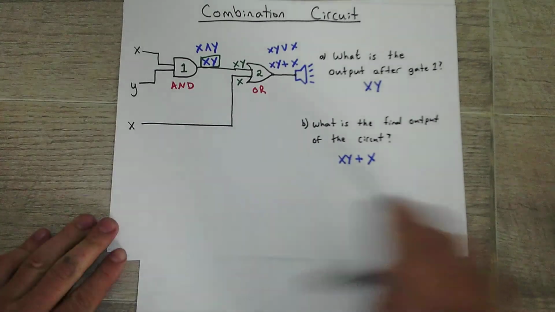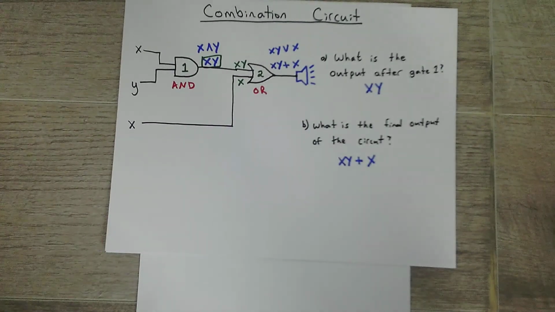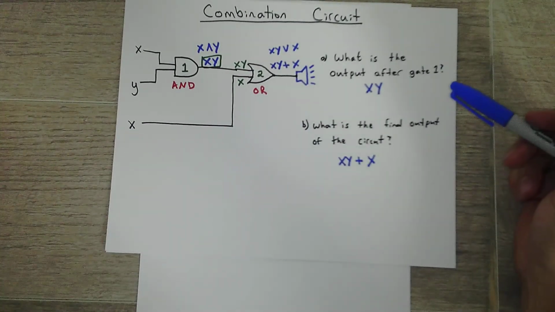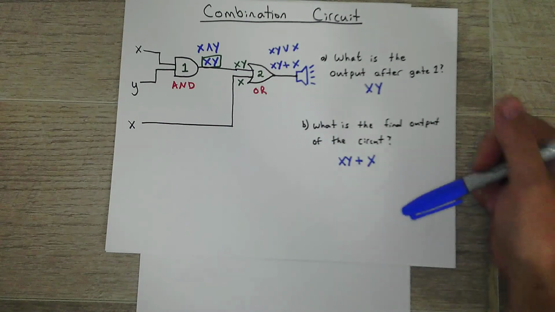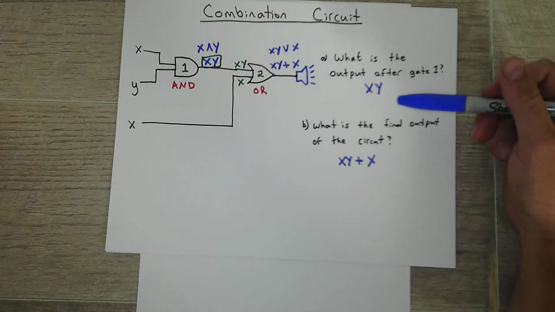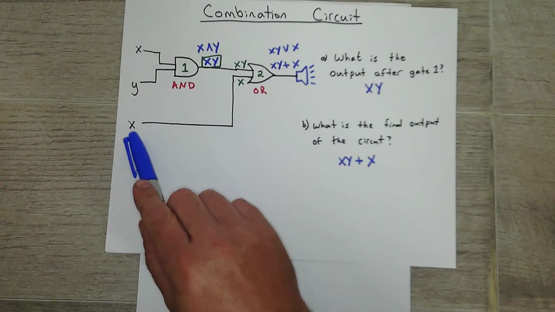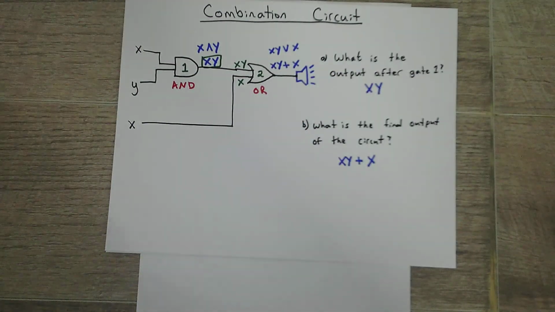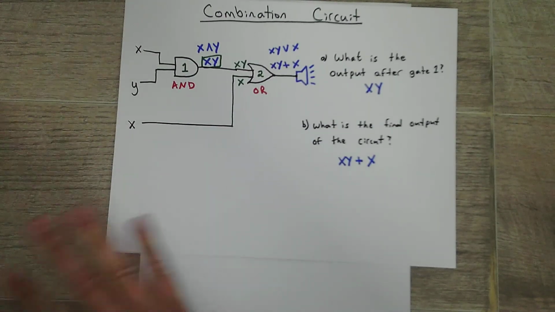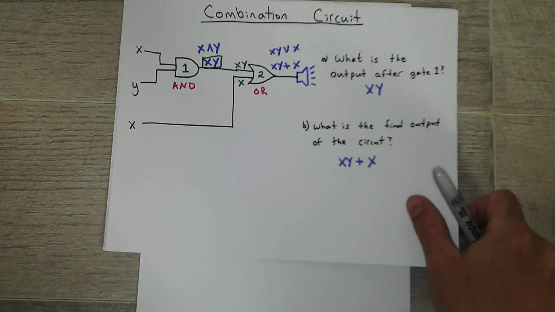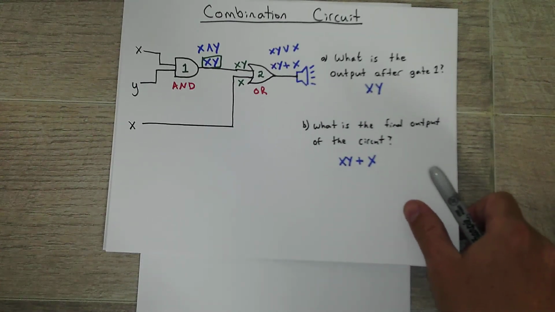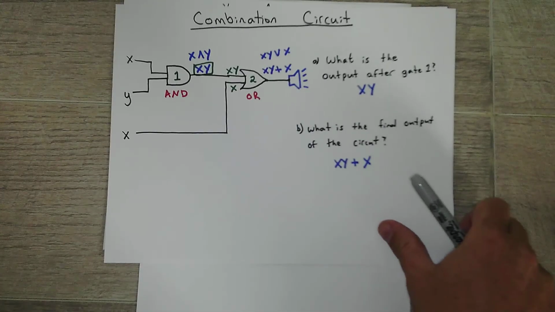So if I asked you to explain this in plain English, that's basically what you would say. If Y is on by itself, the system will be off. If X and Y are on, the system will be on. Or if just X is on, the system will be on. Hopefully that made sense. Just think about that, and if you have any questions, you can message me on Teams and I can go over it a little further with you.